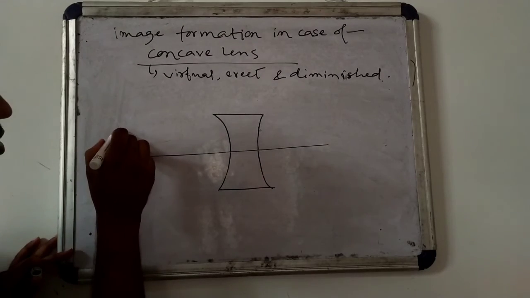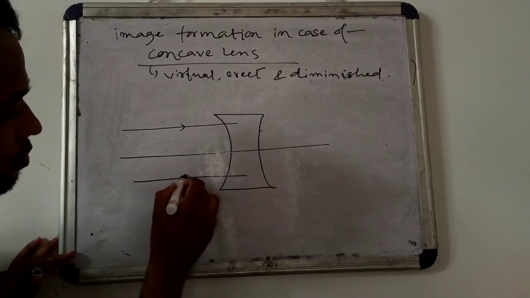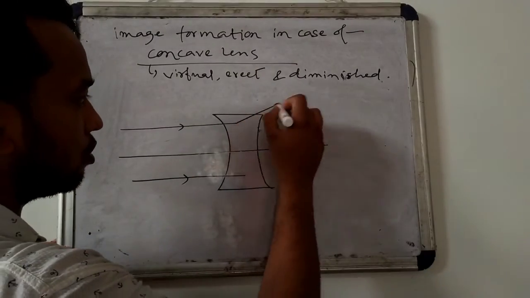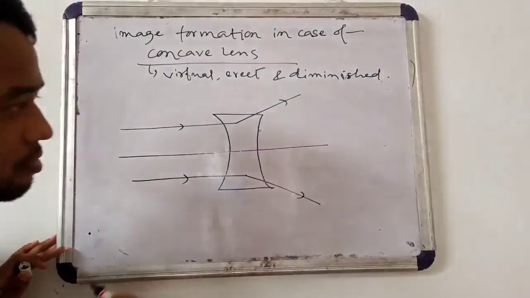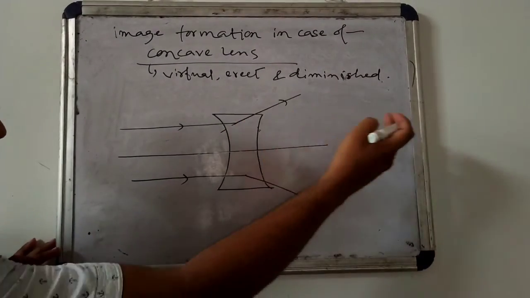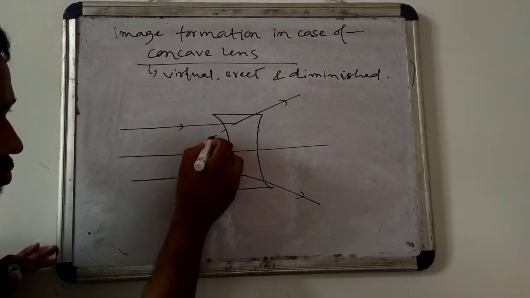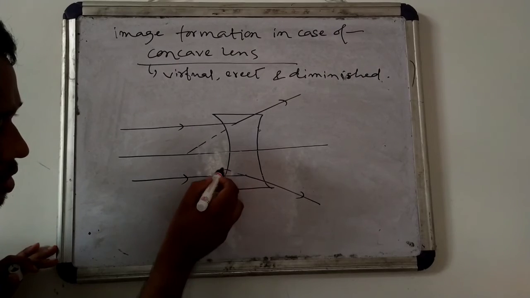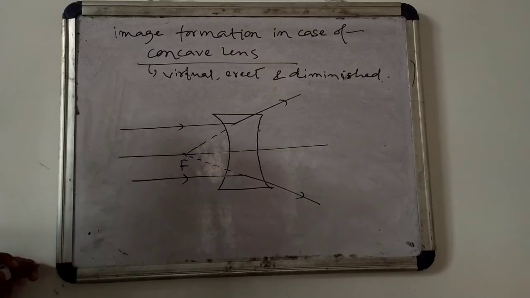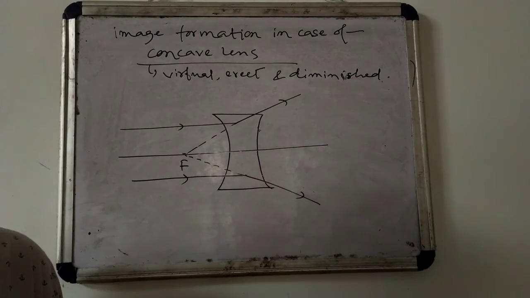Then all the rays which fall on this lens, after refraction will diverge like that. Here in this side these two refracted rays will not meet, but if we extend these refracted rays like this, they will meet at a certain point, that is called focus. That means the image will form at the focus.